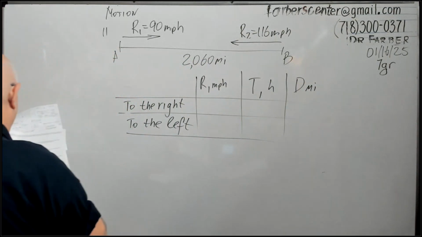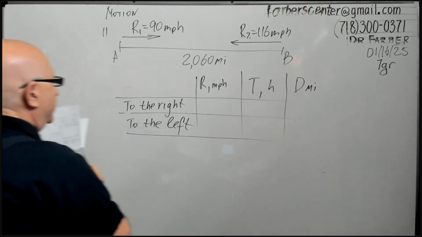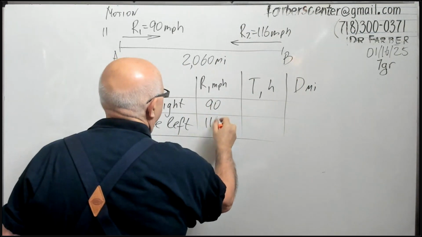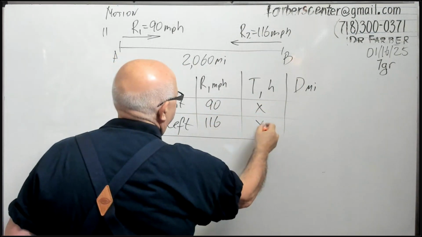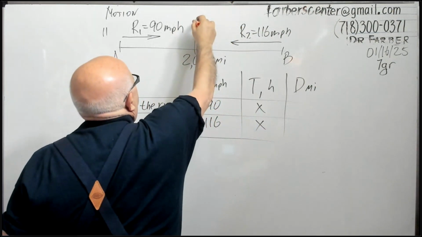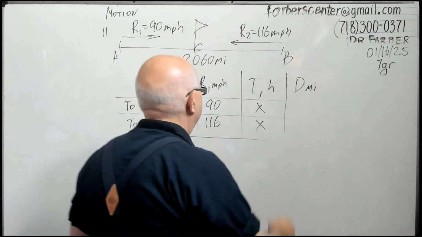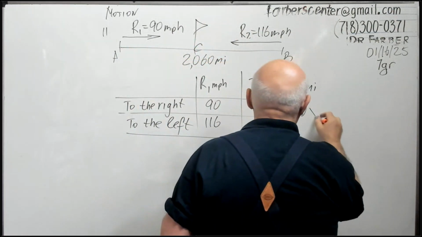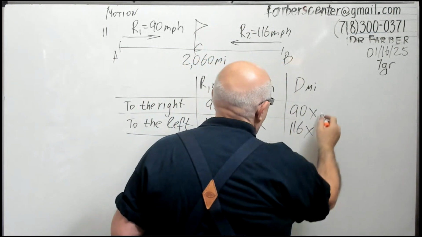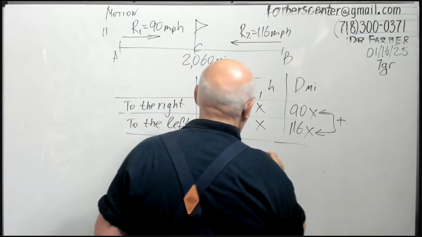How long will it take them to meet? They start at the same time? The same. So incorporate, this is 90 and 116. The same time they start, the same time they meet, somewhere like this, closer to this one because this is faster, point C. And this is 90x and this is 116x. If you add them together, you're supposed to get 2060.